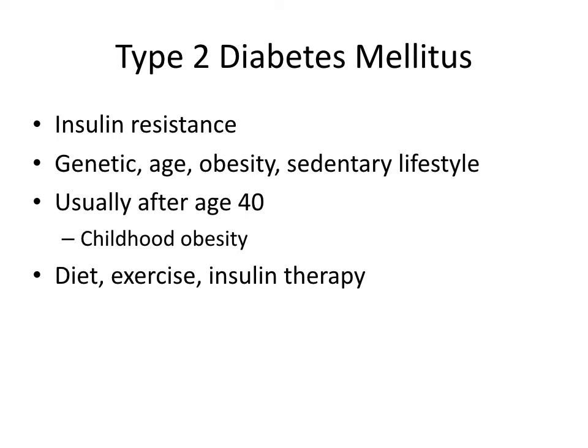There is a genetic predisposition for this. However, age is a factor, obesity, having a sedentary lifestyle. These are all risk factors for developing type 2 diabetes mellitus. Now, usually type 2 diabetes mellitus occurs after age 40. However, as our children in the United States become more obese, there has been a growth of type 2 diabetes mellitus in children.